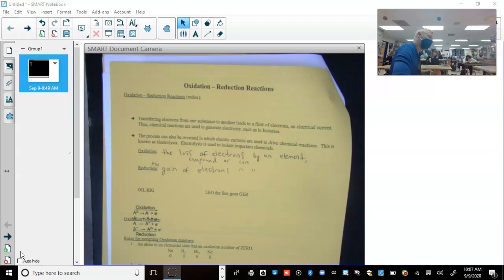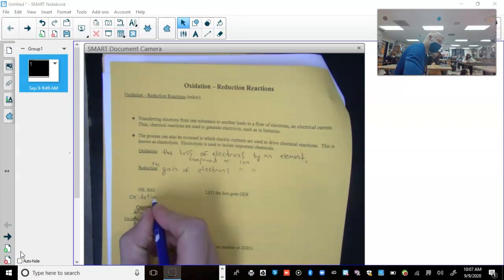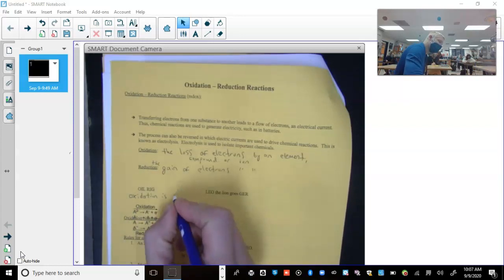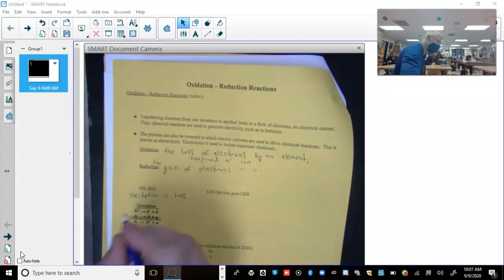And to help you remember this are two mnemonic devices. You can pick your favorite one. We got OIL RIG. Oil stands for oxidation is loss, and reduction is gain.